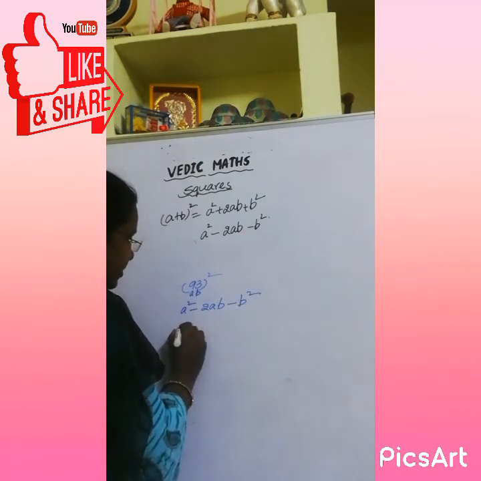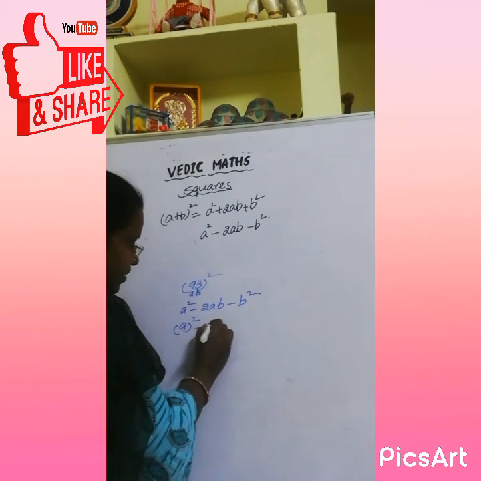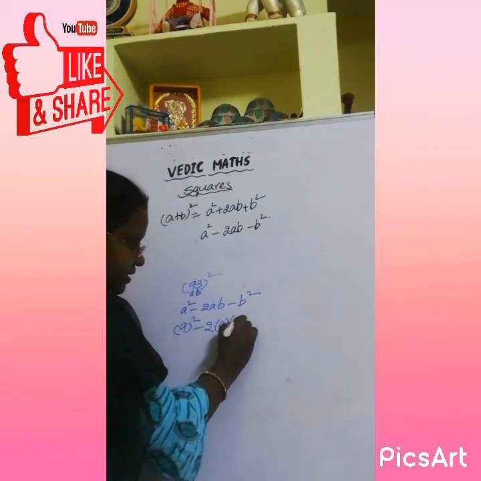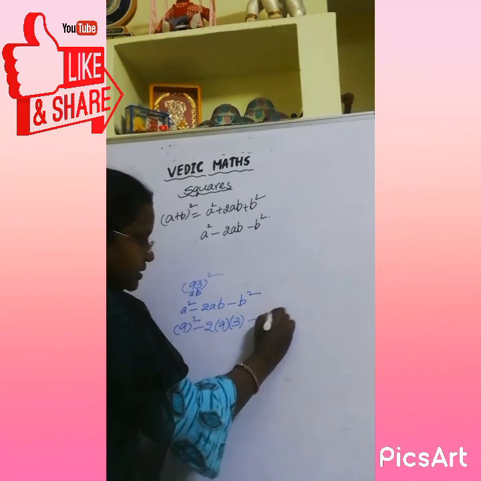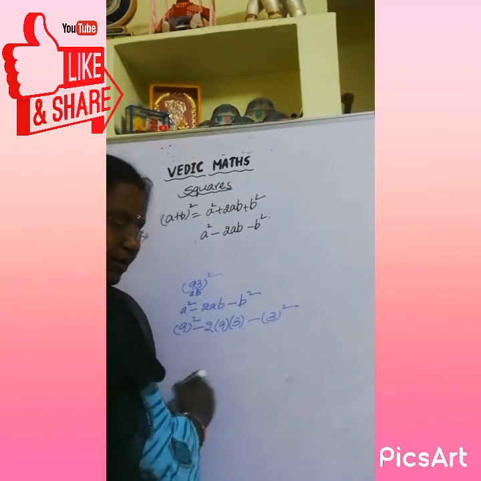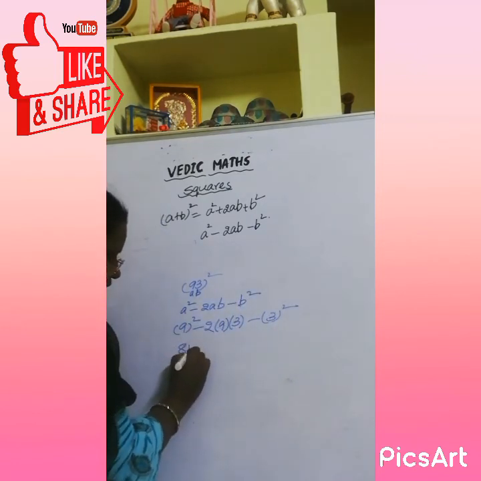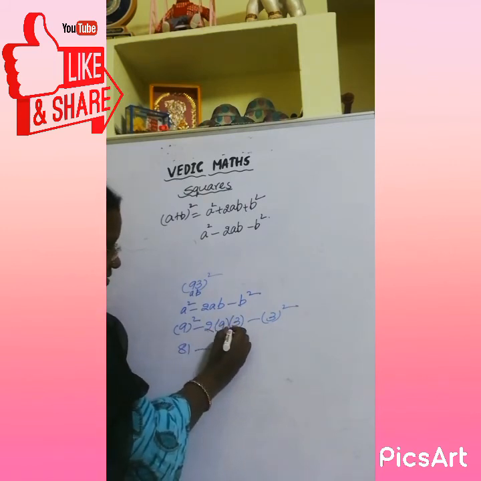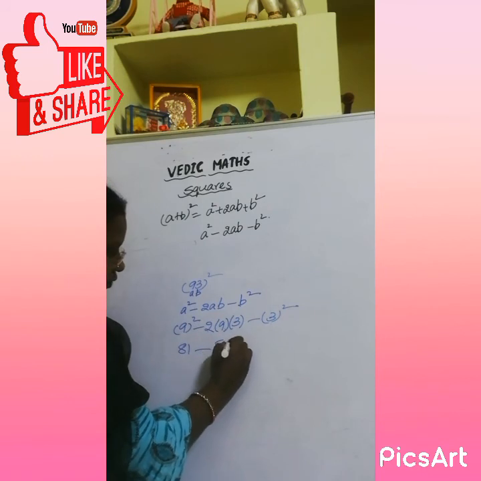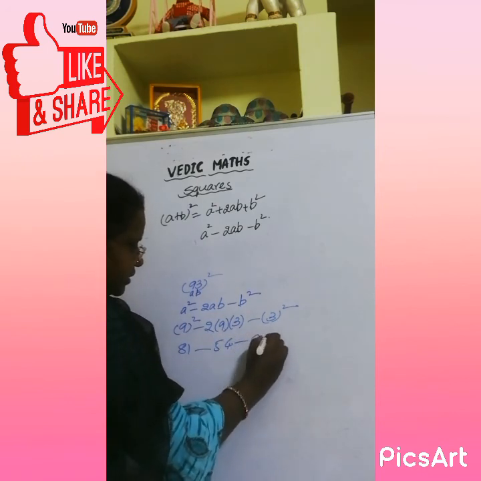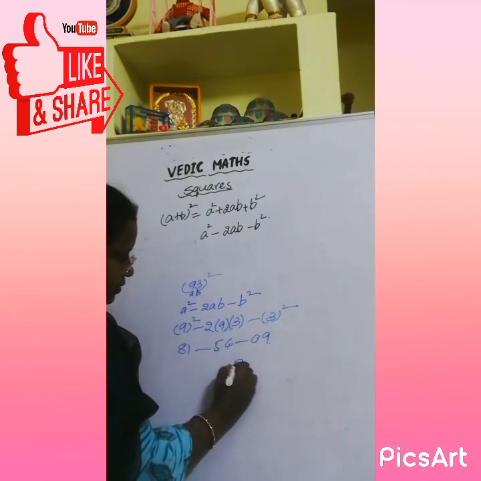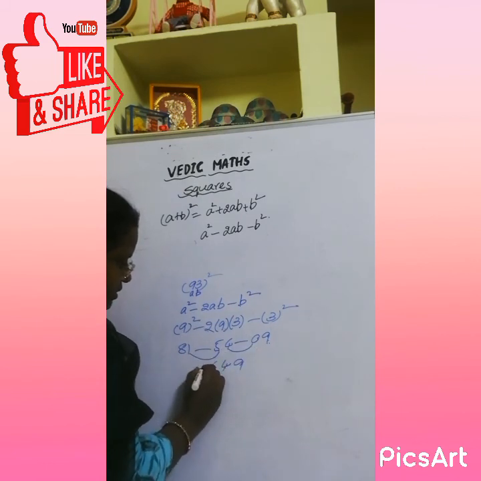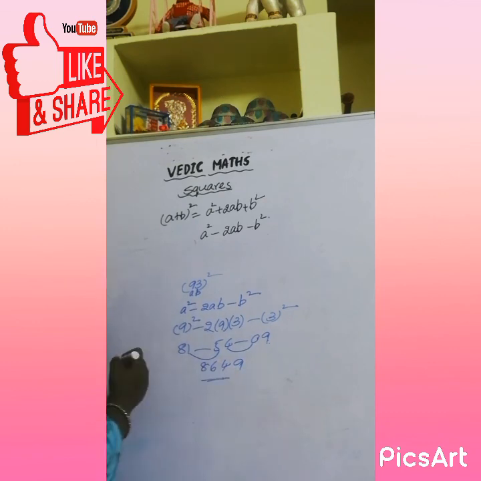What is A square? 9 square minus 2 into 9 into 3, minus B square, which is 3 square. Then 9 square is 81. 2 9s are 18, 18 3s are 54. 3 3s are 9. So 9. Then balancing 4. 5 plus 1 is 6. 8. So this is our answer.